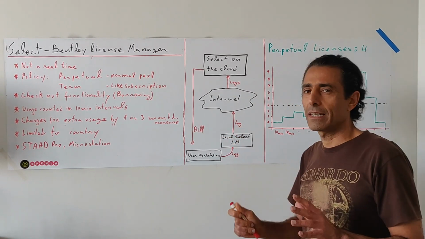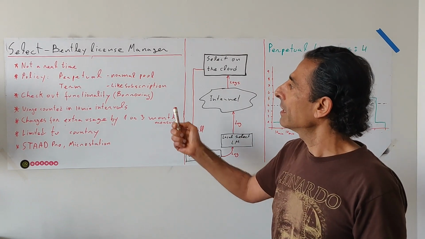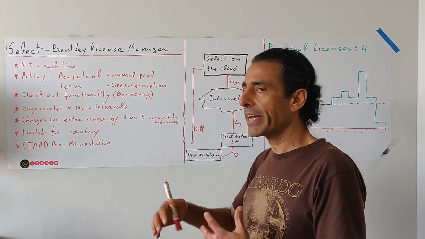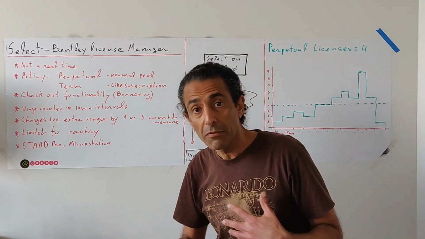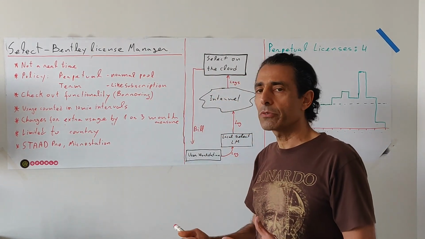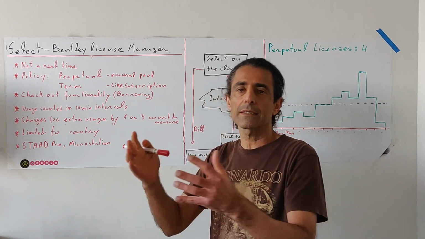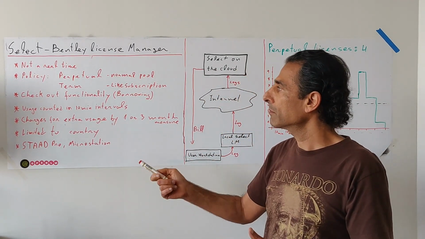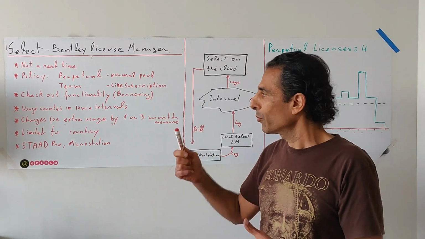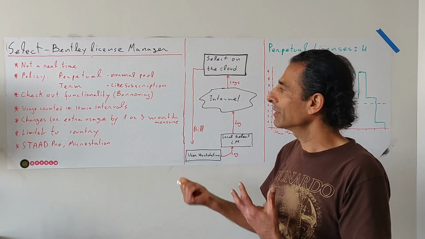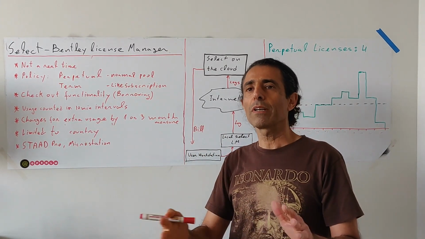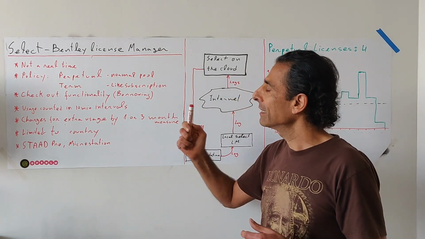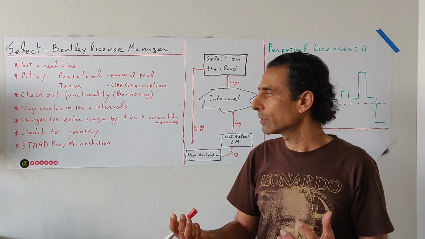So that's very special. And we also need to mention that there is a checkout functionality. In FlexLM it's called borrowing, so you can actually take the license to your workstation or your laptop, and we'll also note how that is counted. Now let's go to the next very special thing about Select: how do you count the usage?